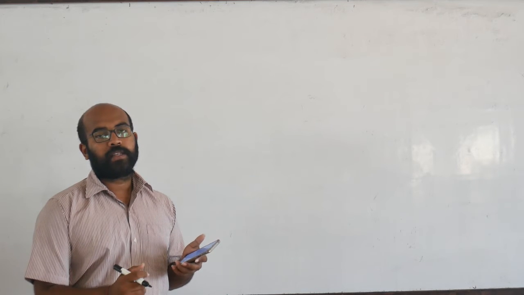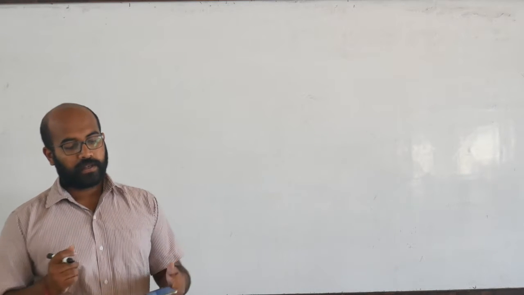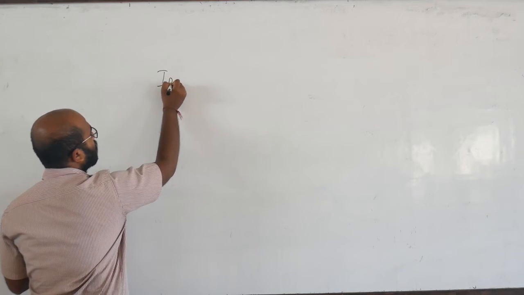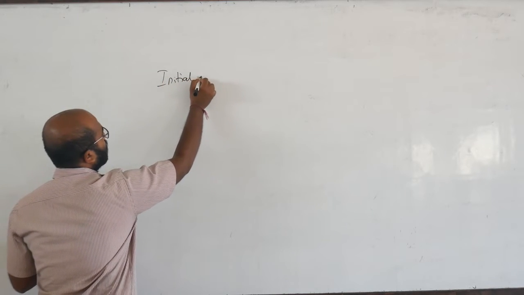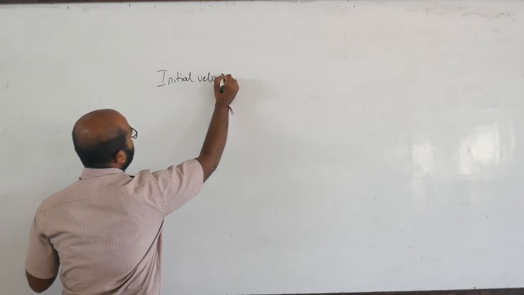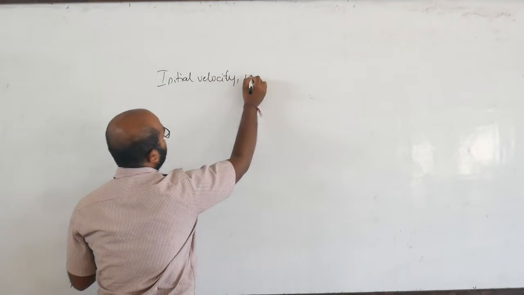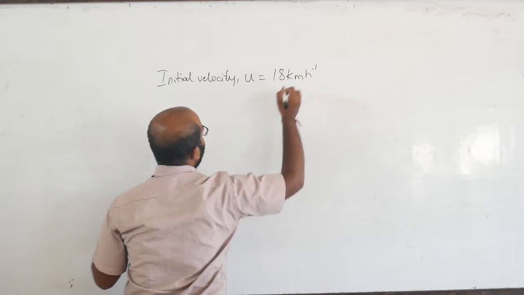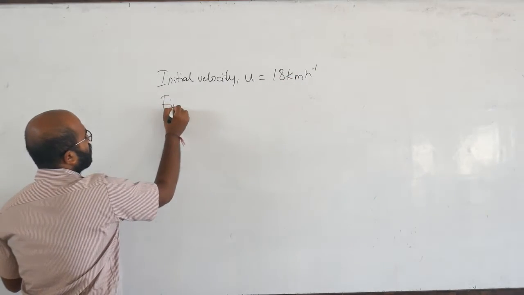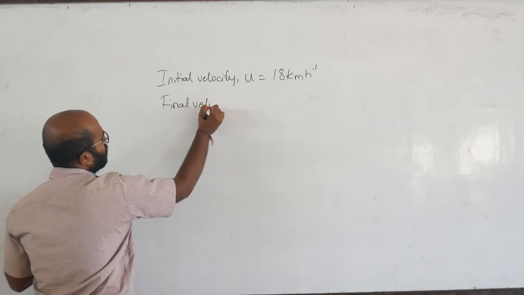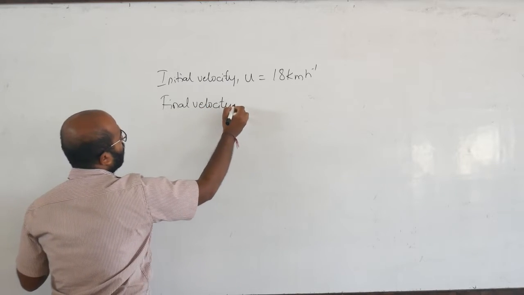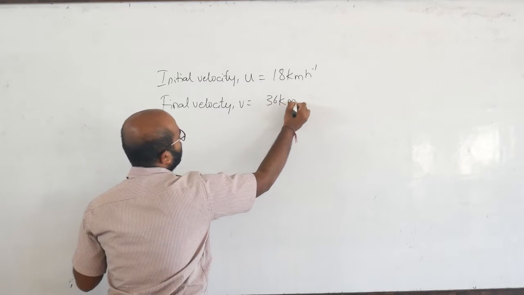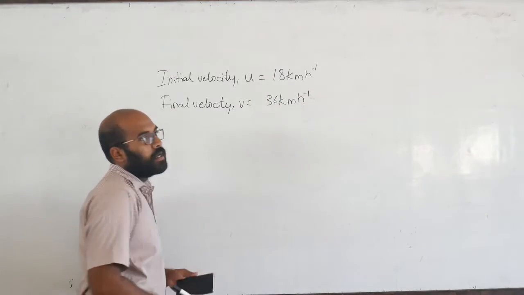So starting speed is 18 km per hour, so the initial velocity u is 18 km per hour. Next, the final velocity v is 36 km per hour.